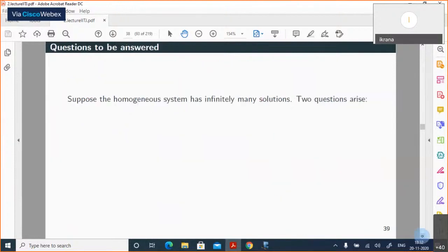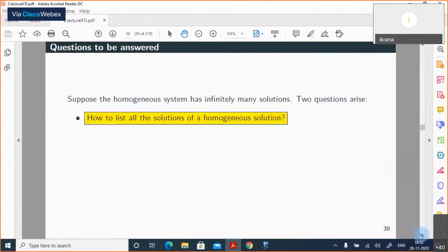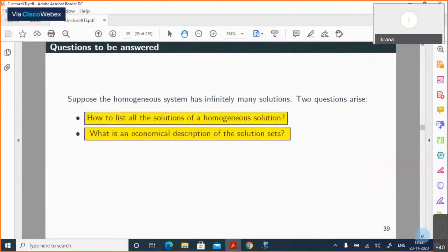And obviously the question is: what is the economical description of the solution set? How do I describe the solution of the homogeneous equation in the most economical way? That is the question we would like to tackle.